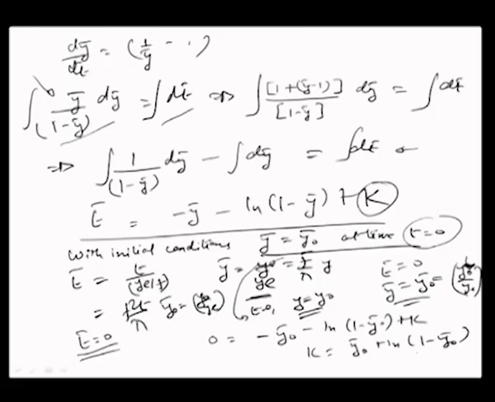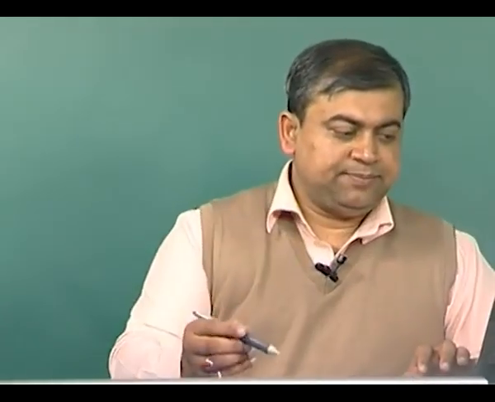That is the value of k, and if we substitute this value of k back into the equation in question, the formulation that we finally have would be of the type t dash equal to minus y dash minus ln(1 minus y dash) plus k, which is y 0 dash plus ln(1 minus y 0 dash).